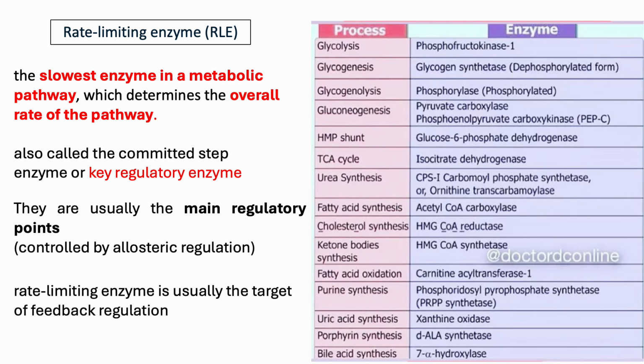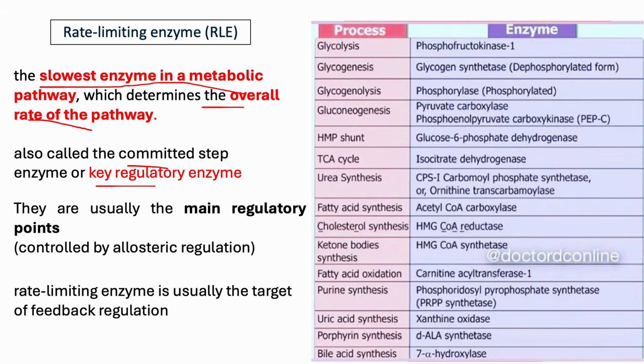Let's talk about rate limiting enzymes. What are rate limiting enzymes? Rate limiting enzymes are the slowest enzymes in a metabolic pathway, which determine the overall rate of the pathway. That means the overall rate of the pathway is determined by the slowest enzyme. Their activity is the very slowest, and they are also called committed step enzymes or key regulatory enzymes.